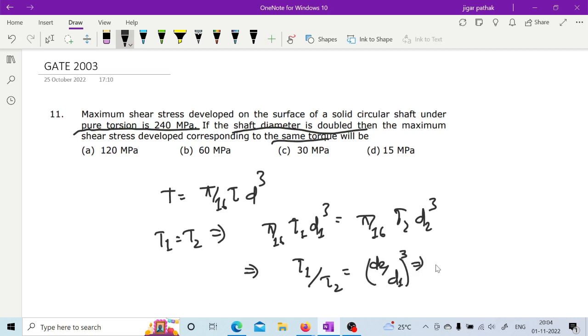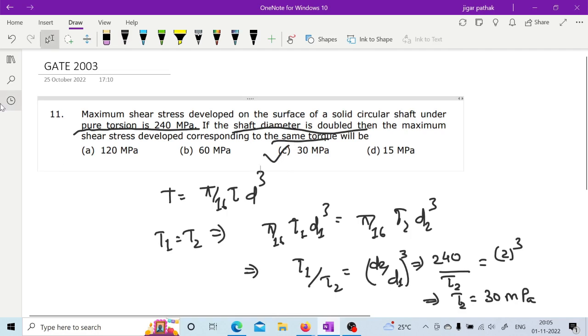Tau 1 is given as 240. Tau 2 you need to calculate. D2 is twice the diameter, right? So from this, tau 2 will be 30. Is it okay? Sir, D2 by D1 or D1 by D2? D2 by D1, sir. It is correct only, right? So 30 MPa will be your answer. Okay.